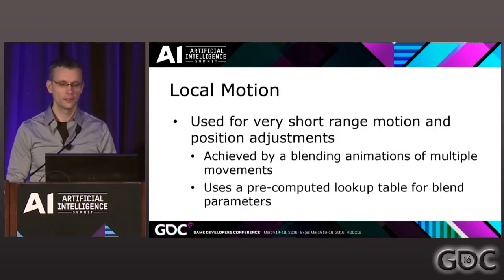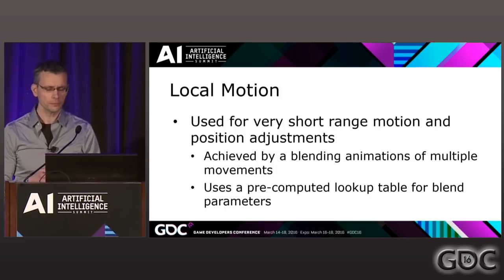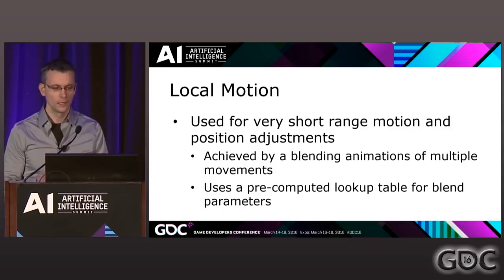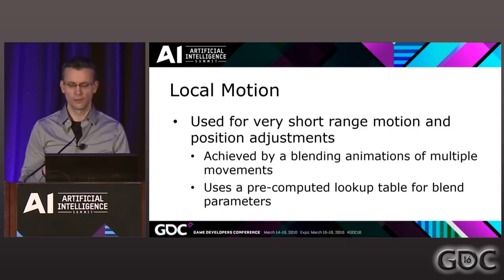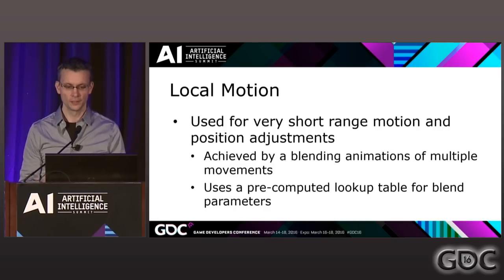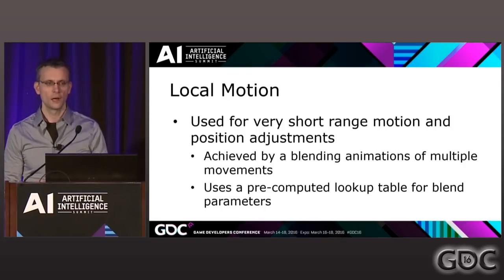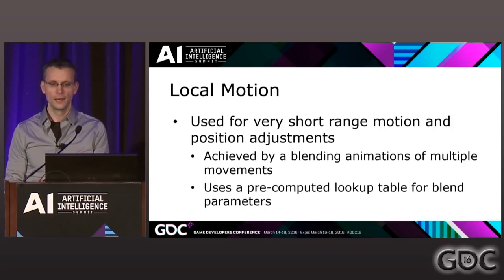And the way it's implemented is that we have a very complicated blend node in our animation tree. And this blend node, or rather blend tree, contains multiple movement animations. And then we have a lookup table. So what we say is, I want the dog to have a particular relative position and facing to my current position and facing.